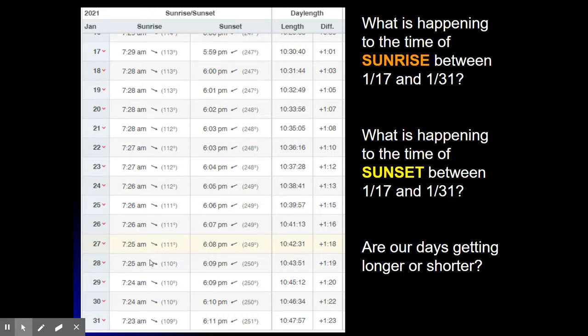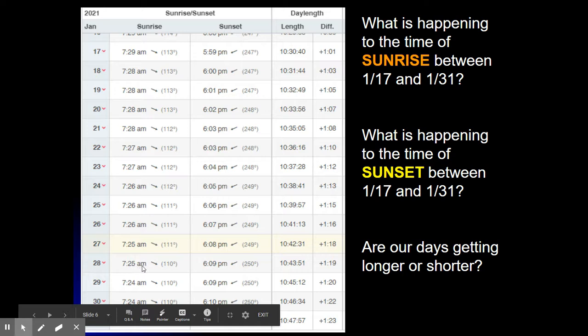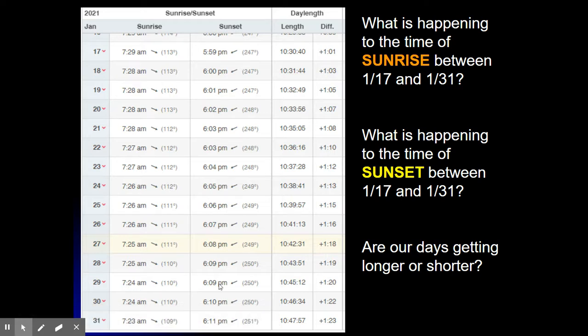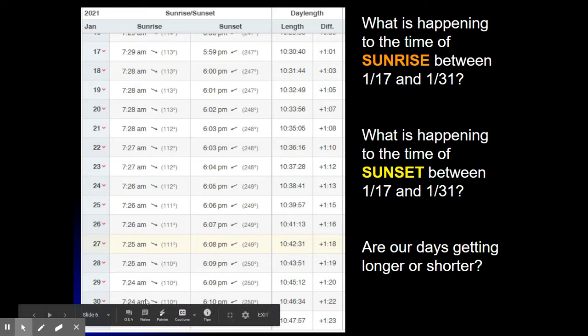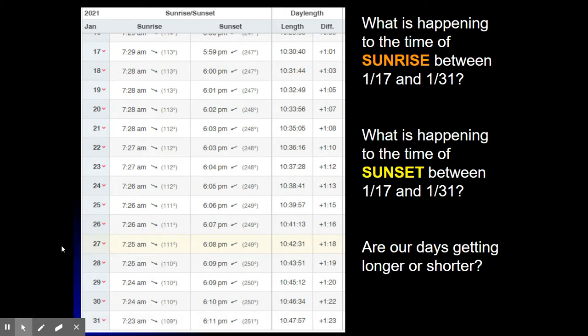Tomorrow, the sun will rise at the same time, but the sun will set 1 minute later. On Friday, the sun will rise a minute earlier and set at the same time. Saturday, the sun will rise at 7:24 and set at 6:10, and on Sunday, the sun will rise at 7:23 and set at 6:11.